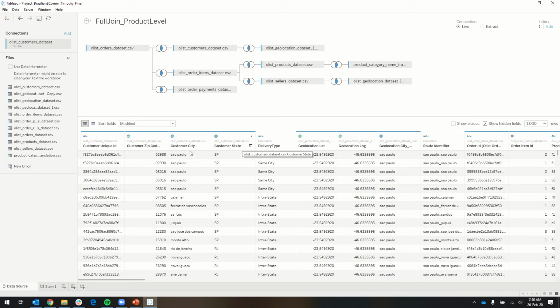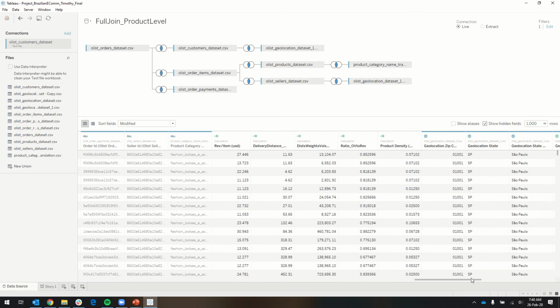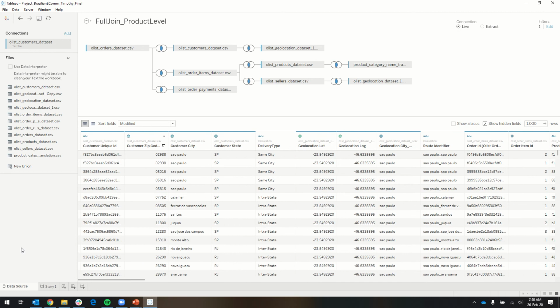Sao Paulo is a city name but also a state name. So it could be within the city, like Sao Paulo to Cajamar within Sao Paulo, and then there's interstate as well. Those are some interesting things. The rest is detailed within the report itself.